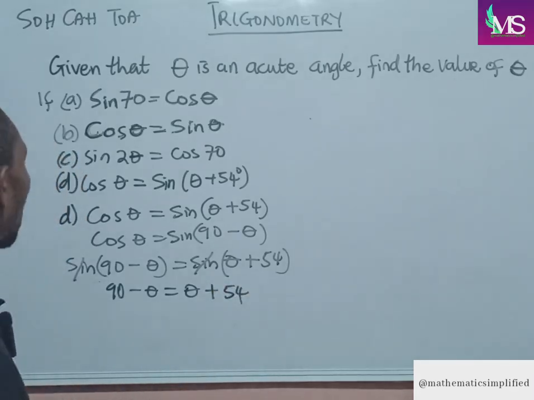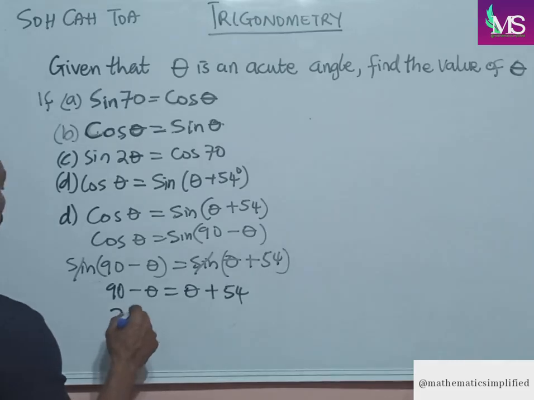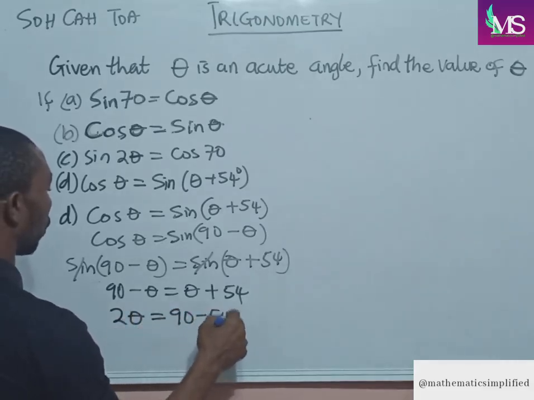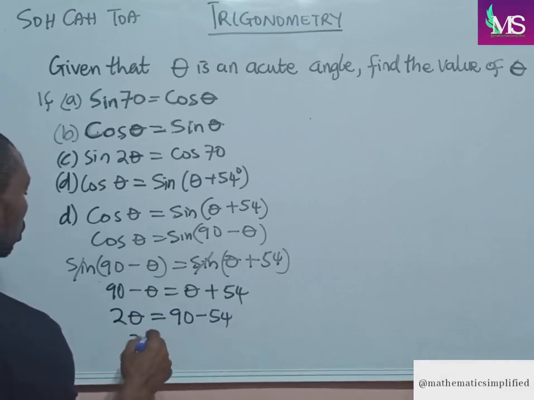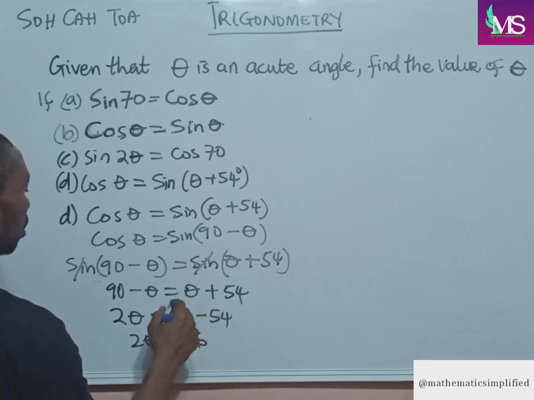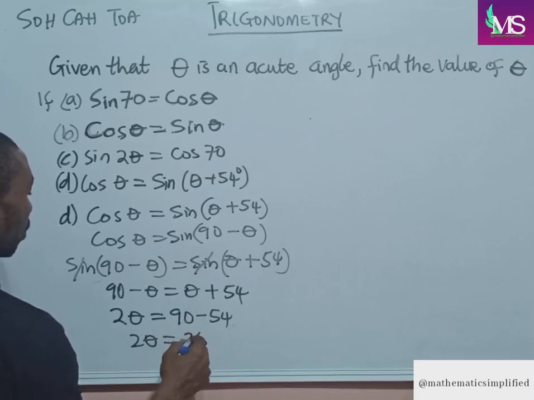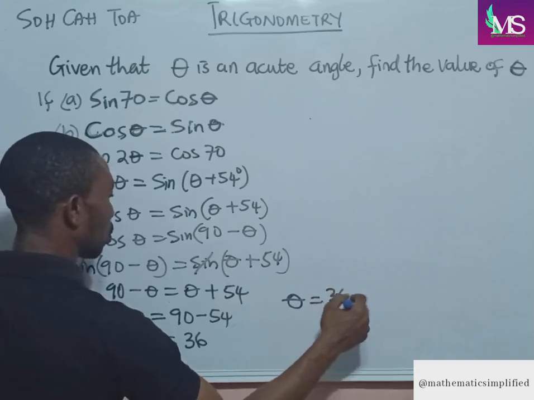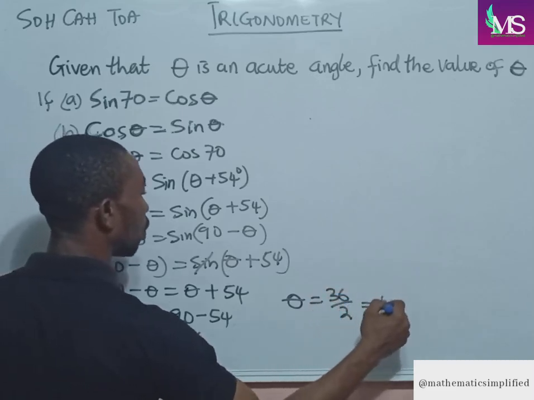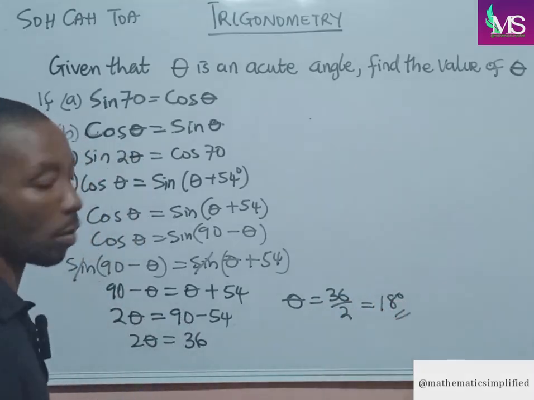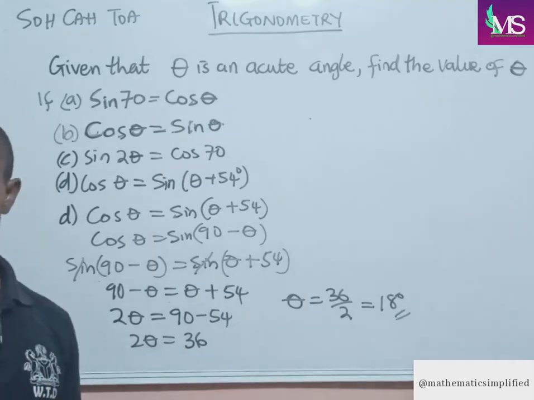If we collect like terms, this becomes 2 theta equals 90 minus 54. And we know that 90 minus 54 is 36. So our theta will now become 36 over 2, which will give us 18 degrees.